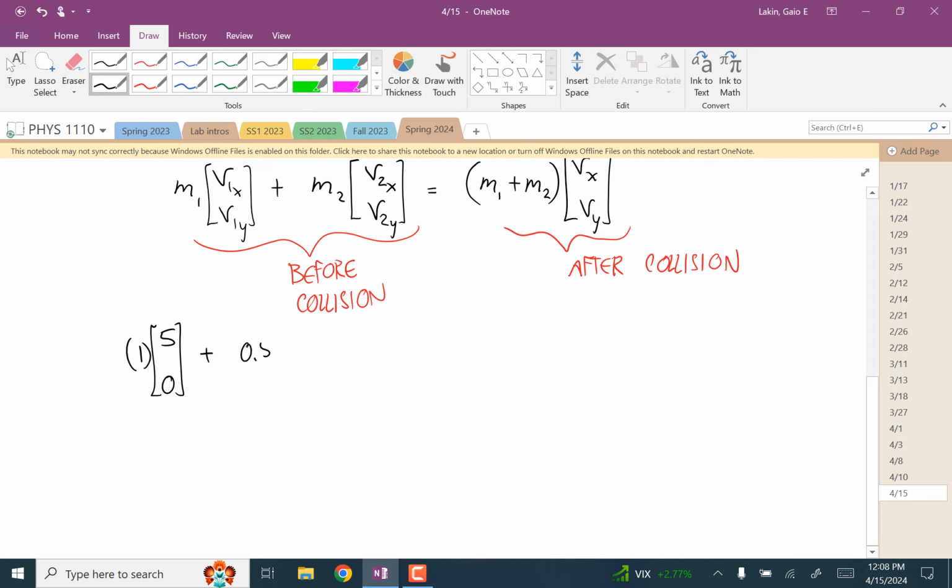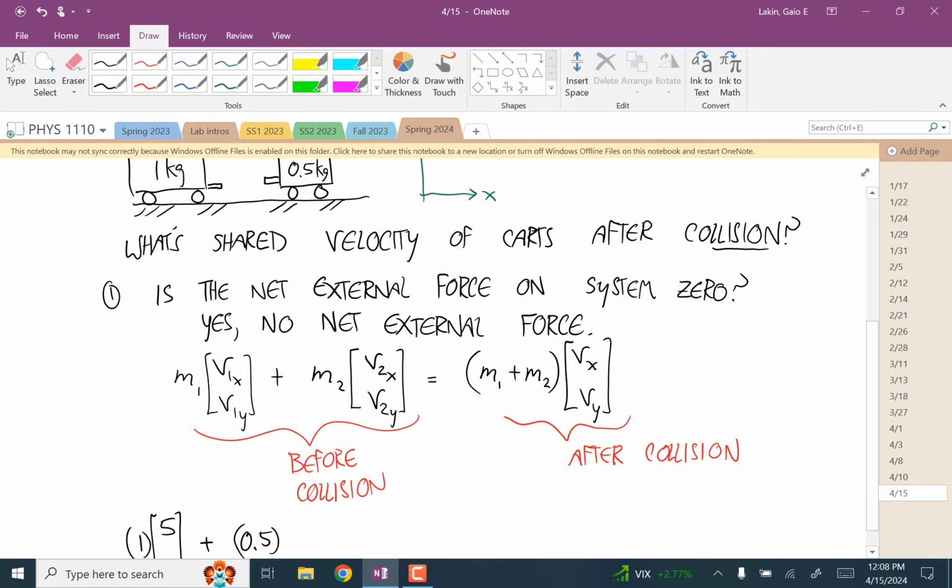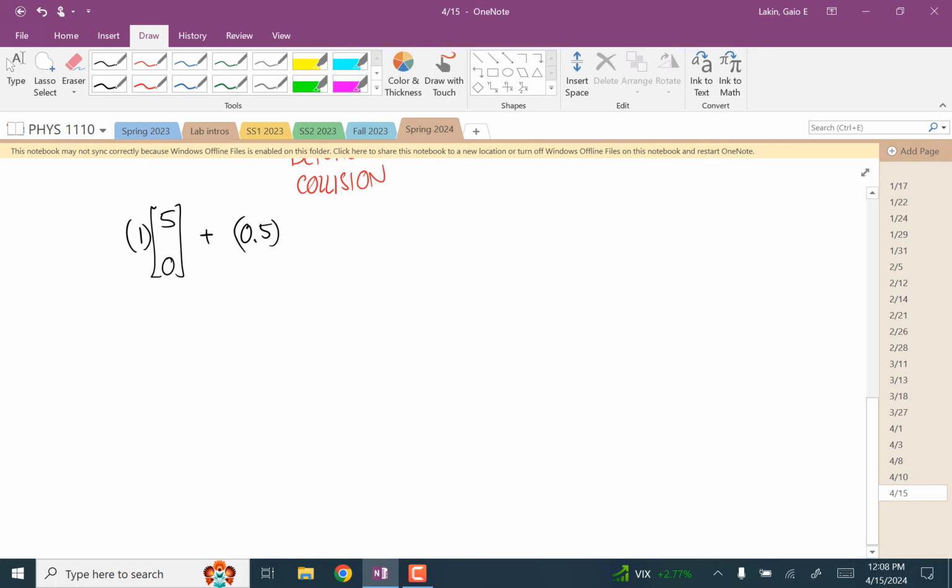Plus the mass of the second body times its velocity before the collision, is equal to the combined mass times the shared velocity vector after the collision.